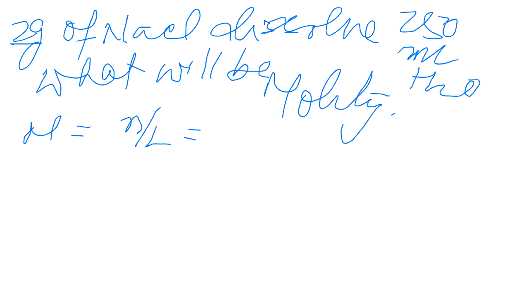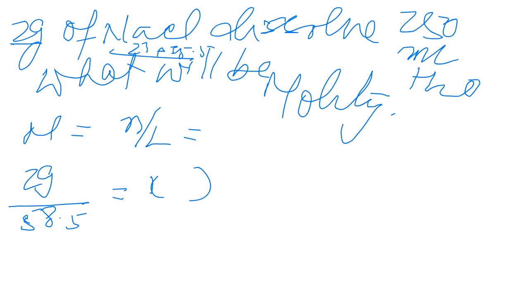2 gram of NaCl, and you should know the molar mass of NaCl, divided by 23 plus 35.5, so this is 58.5. Then you will get moles here, you calculate. This mole you put into the formula.